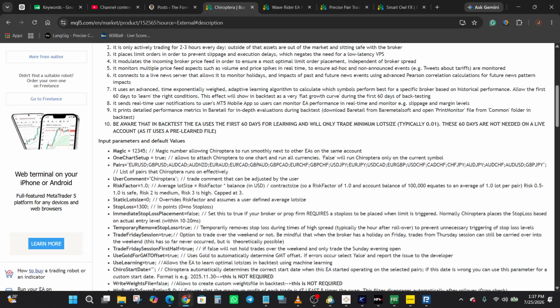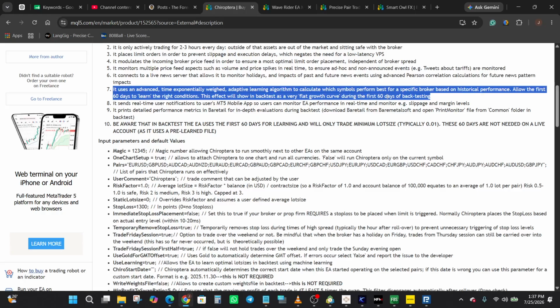Here is an important detail before we get to the backtest. The EA runs an adaptive learning algorithm that determines which symbols perform best for a given broker, and the developer is upfront that this takes the first 60 days to fully learn.